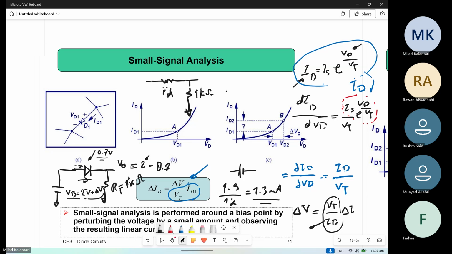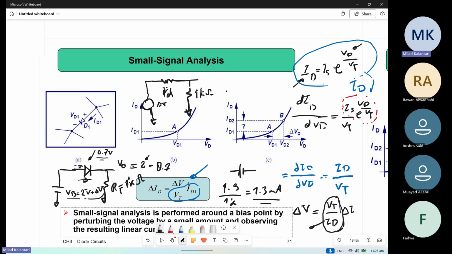For the small variation to the input, the diode is on, but for the small variation, it looks like a resistor. And the value of the resistor can be calculated by this equation. So again, this equation is important. We will use it more frequently. The VT over ID is the resistance value of the diode at that specific bias point.